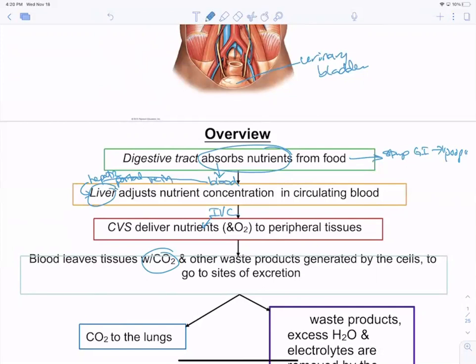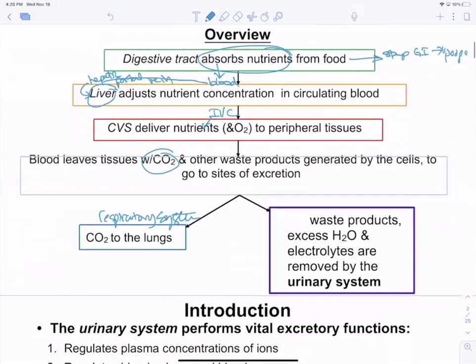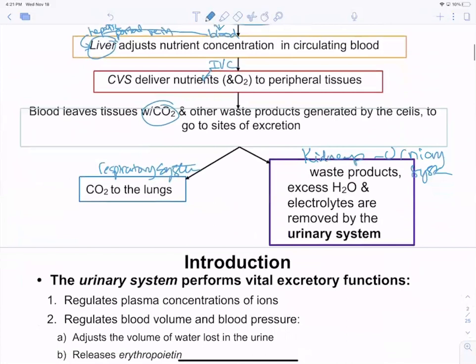So the respiratory system takes care of the carbon dioxide. And then whatever other waste products and filtering of the blood that needs to be done gets done in the kidneys, right? So this is the urinary system. And this is really where your urine filtrate is created.